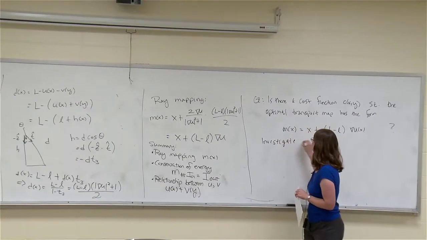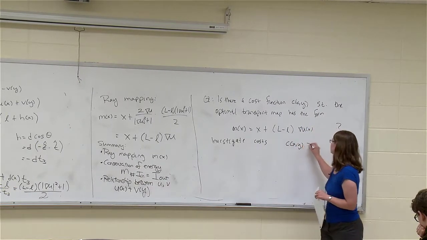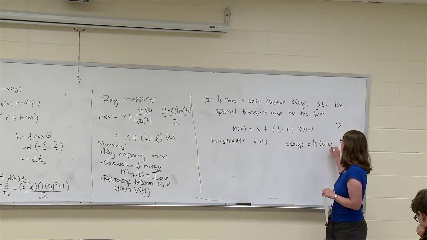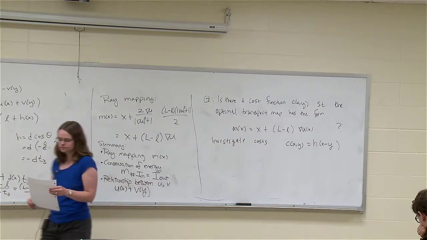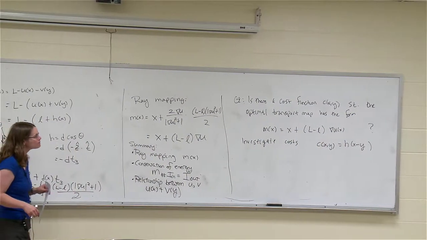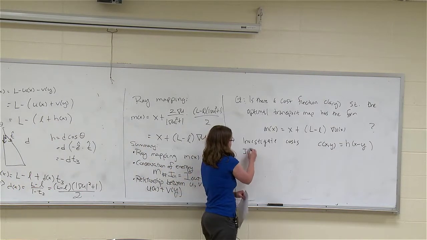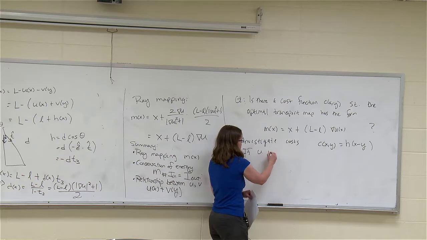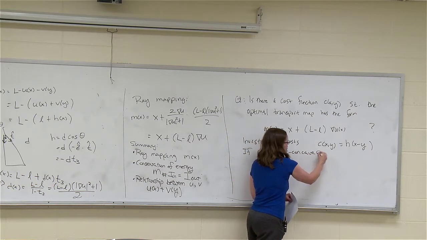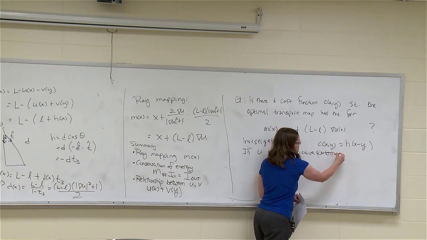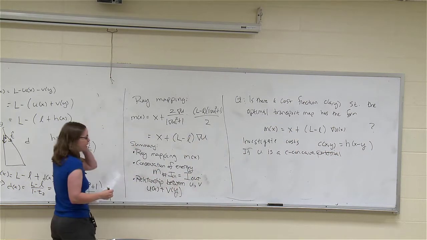Okay, so let's just investigate a little bit costs of this form. Something of the form x minus y, similar to what we've done before. All right, so if u happens to be a c-concave potential, then we could use it to try to characterize the optimal map.